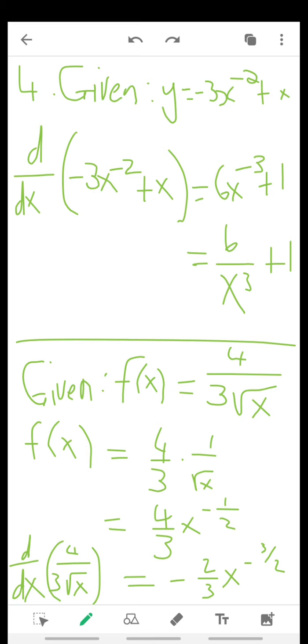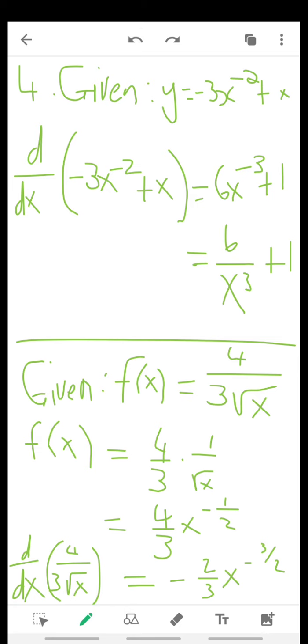Then I'm here now. Next example, f of x equals 4 over 3 square root x. I'm not happy with the square root x, so I first need to make sure that this is written in an appropriate way. So this can be 4 over 3, all multiplied by 1 over square root x. And then I know that square root x is the same as x to the power of half, but since it's 1 over x to the power of half, this is x to the power minus half.